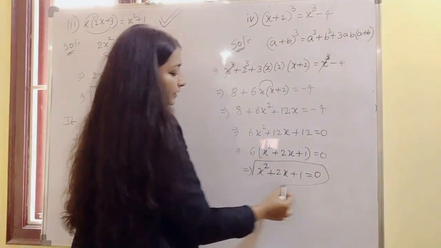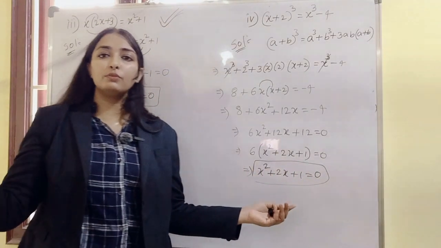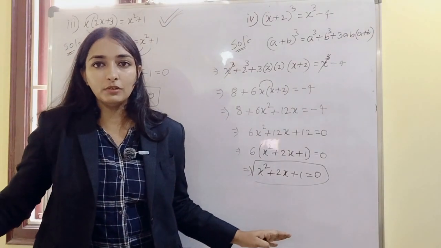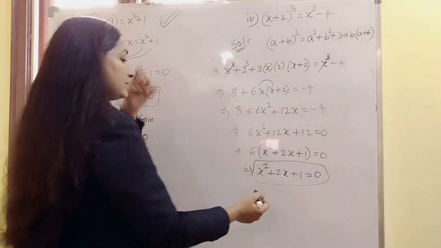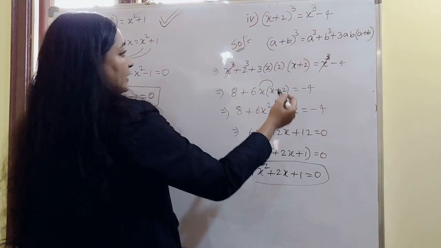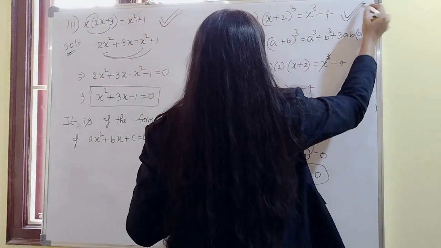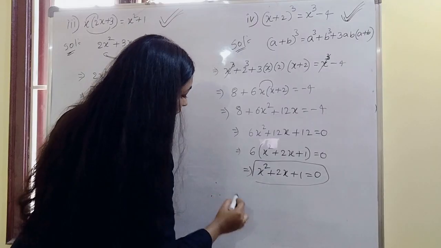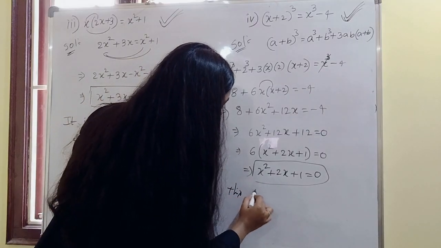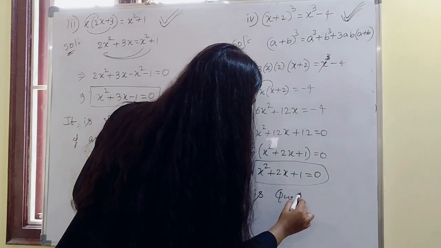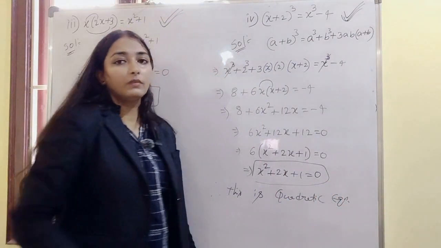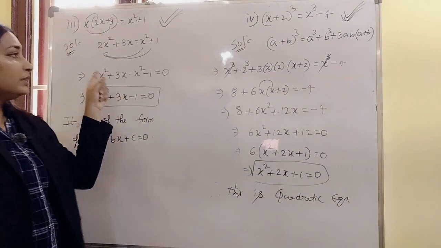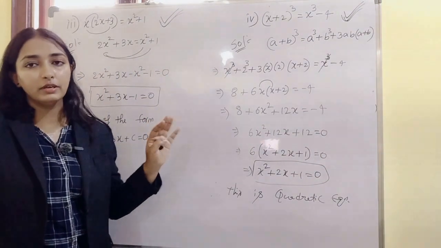Now tell me, is it in the form of ax square plus bx plus c is equal to 0? Yes, it is. So the given expression is a quadratic equation. Is it clear? So the third one and fourth one, both are quadratic equations.